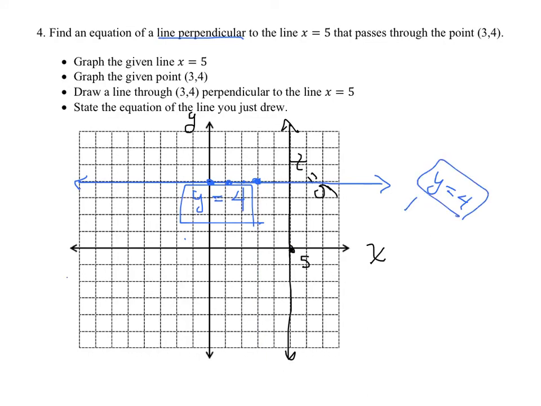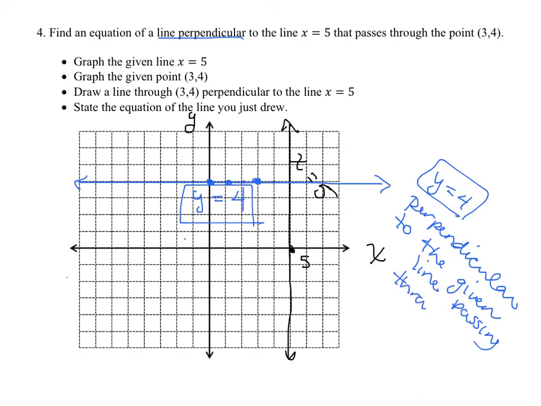And this line is perpendicular to the given line, passing through the point 3, 4.